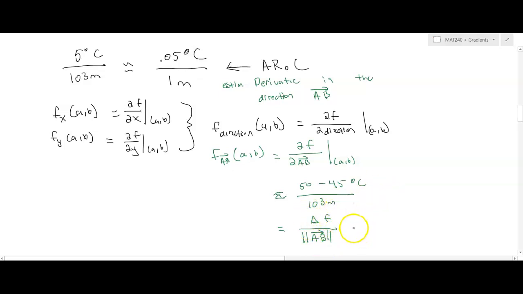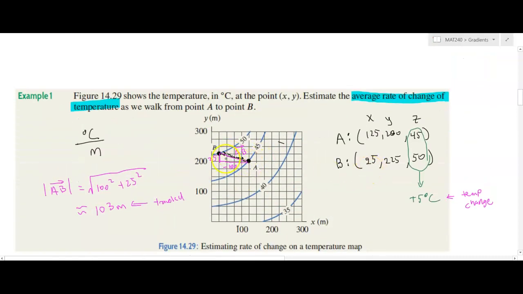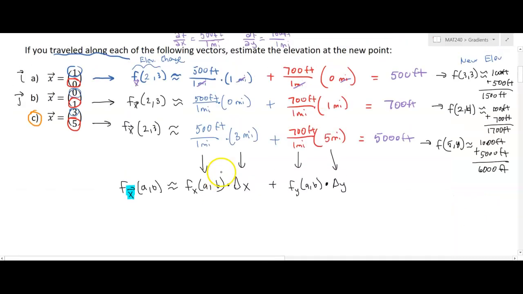Now, that can be written as f sub x at the point a comma b. In other words, if we had more information, if we knew the temperature change per unit x and we knew the temperature change per unit y, then we could have constructed something similar to this, where we could have seen the temperature change due to each of the two components.